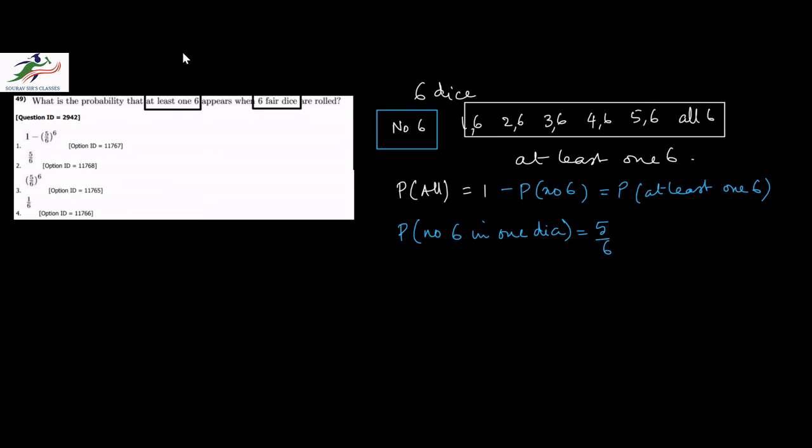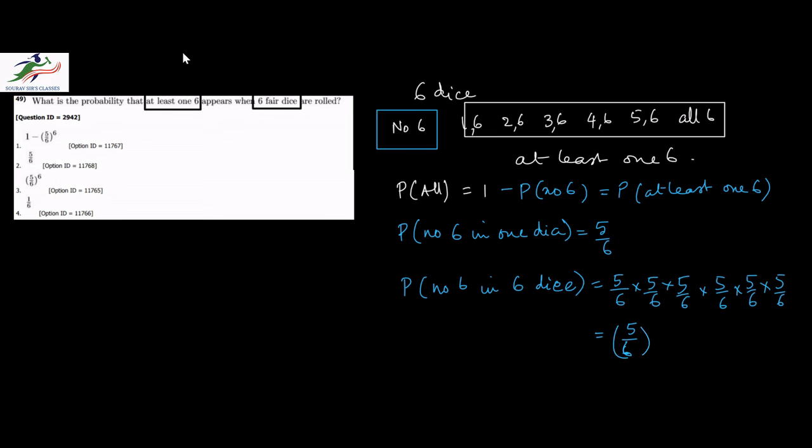So probability of no 6 in 6 dice will be 5 by 6 into 5 by 6 into 5 by 6 into 5 by 6 into 5 by 6 into 5 by 6, or in other words 5 by 6 whole to the power 6.